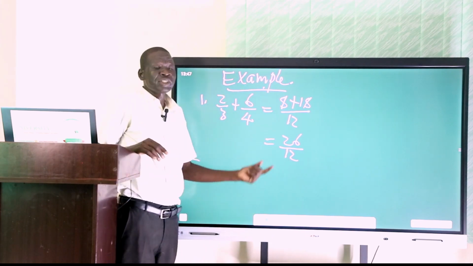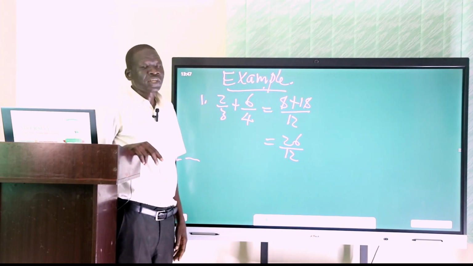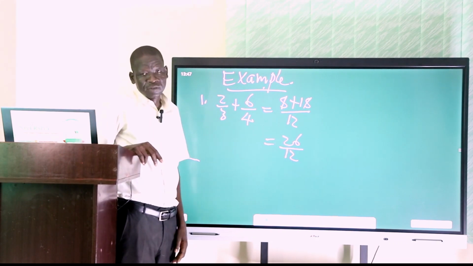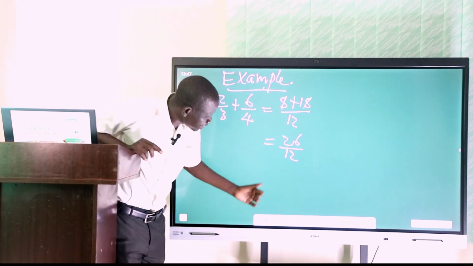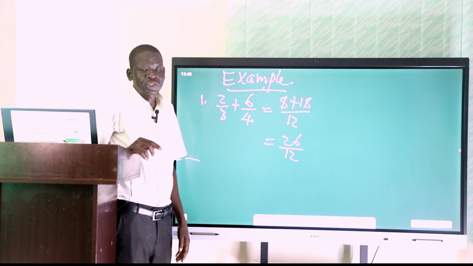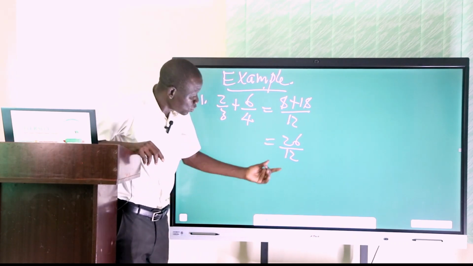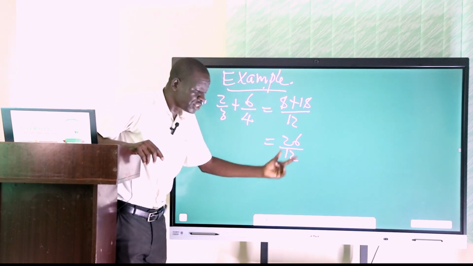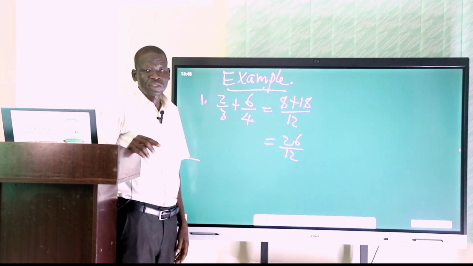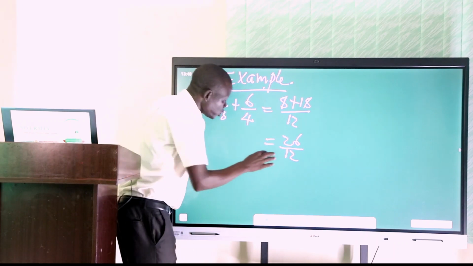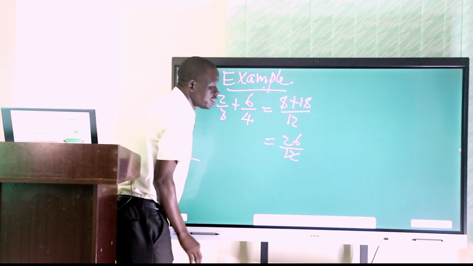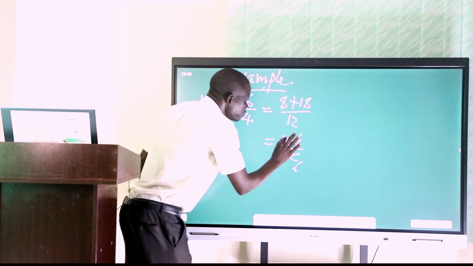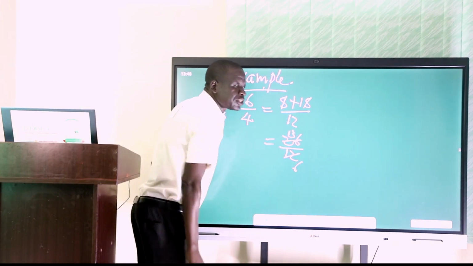When we look at 26 and 12, we can say that they have a common factor. The factor they share is 2, because you can divide 12 by 2 and get no remainder, and 26 divided by 2 also gives no remainder. So I will cancel this. 12 divided by 2 is 6, and 26 divided by 2 is 13.